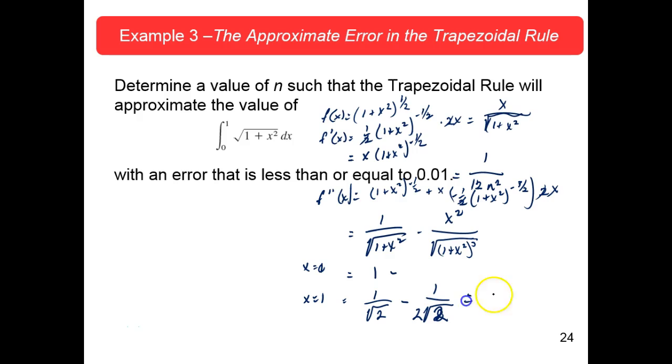So let's make this 2 over 2 root 2 minus 1 over 2 root 2, which is 1 over 2 root 2. Is that right? I think I did it right. Well, I may have been wrong. That's a smaller number than this one.